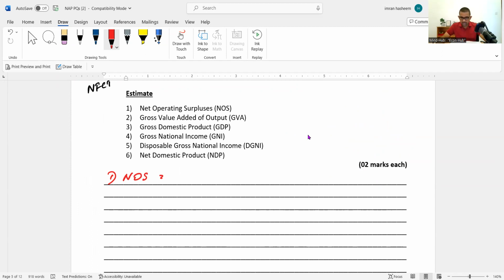Net operating surplus is gross operating surplus minus, now if you really want to be clear, you can first write GOS equals NOS plus MI plus CFC, and then therefore you can write this: GOS minus two things, one is MI and the other is CFC.